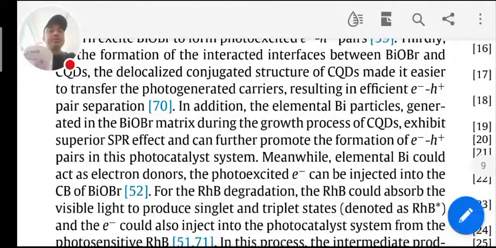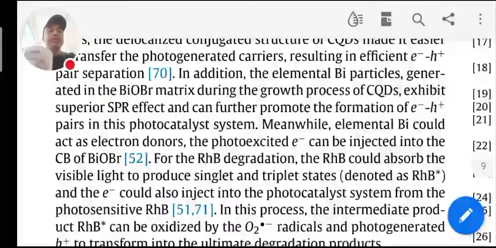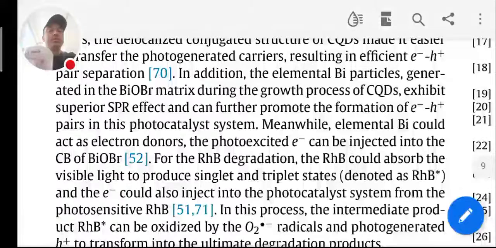SPR, surface plasmon resonance, further promotes the formation of electron and hole pairs in the photocatalytic system. Meanwhile, the elemental Bi could act as an electron donor.